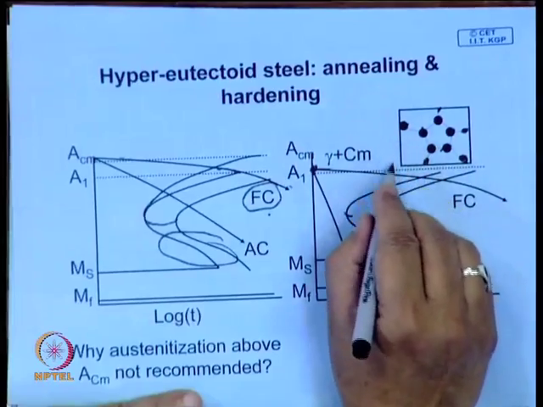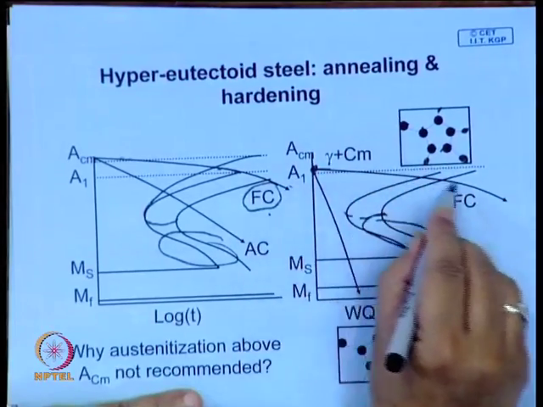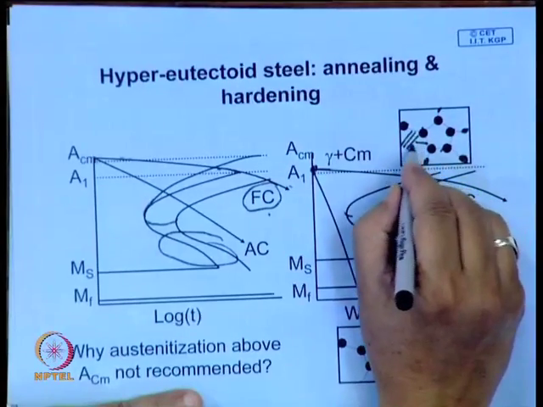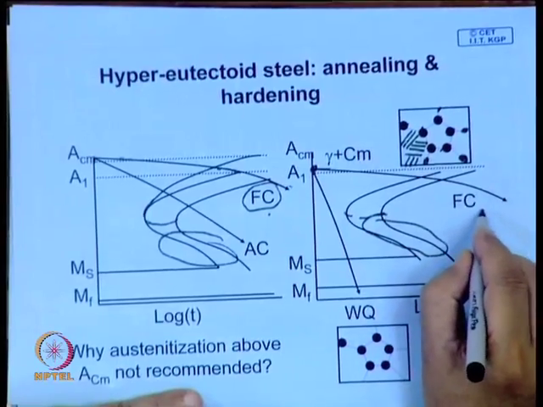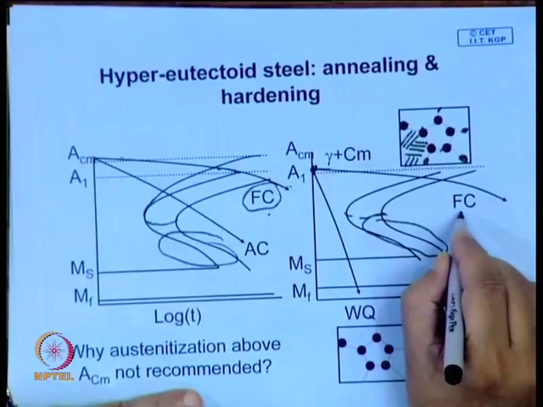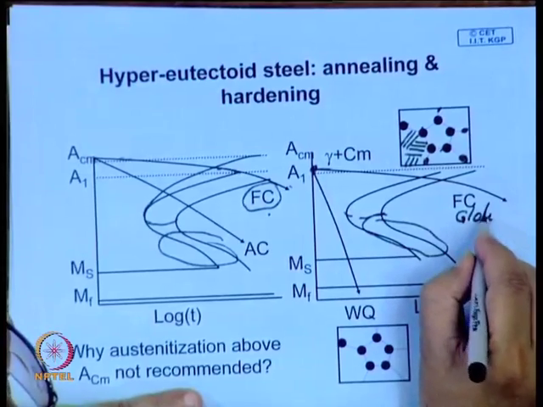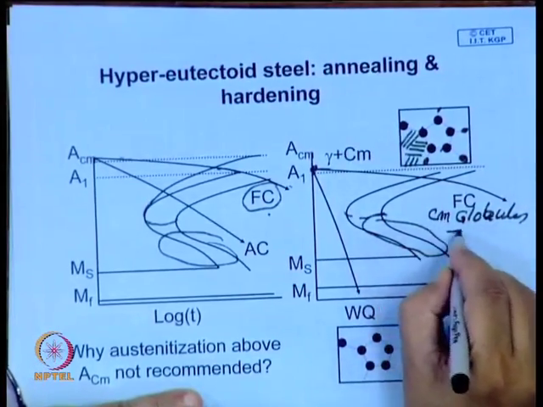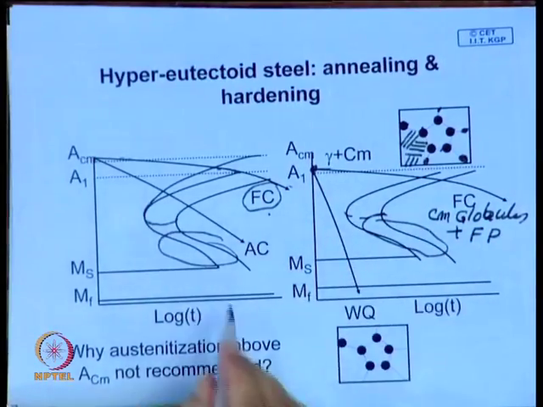So, you will have fine austenite grain, and when you cool in the furnace, the balance will be converted into coarse pearlite. This is the type of structure you will have: cementite globules plus pearlite, which is a preferred structure.